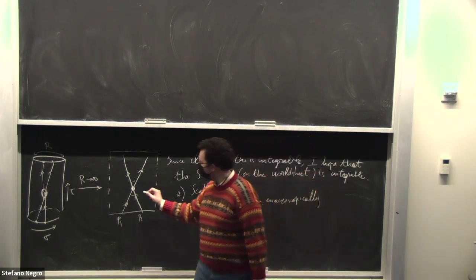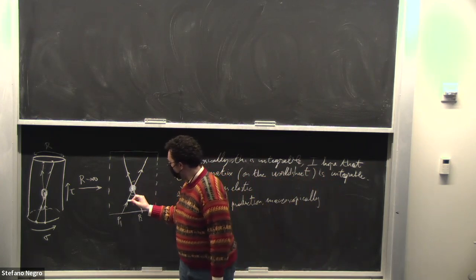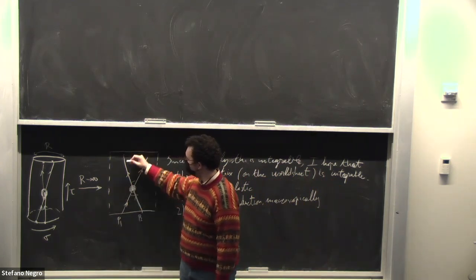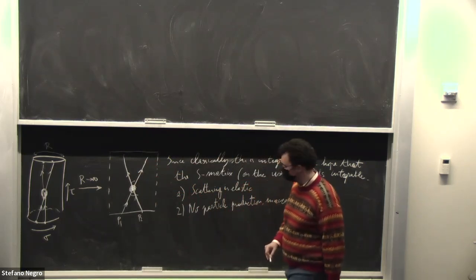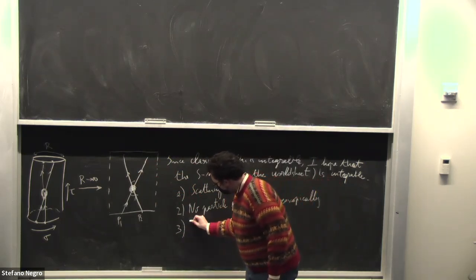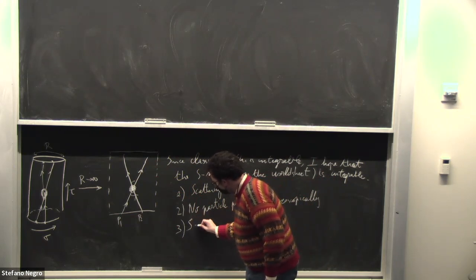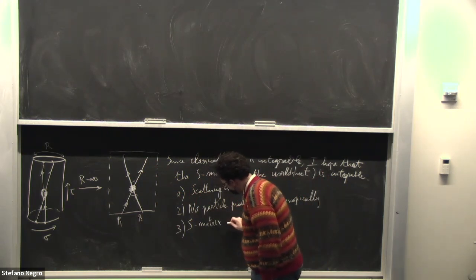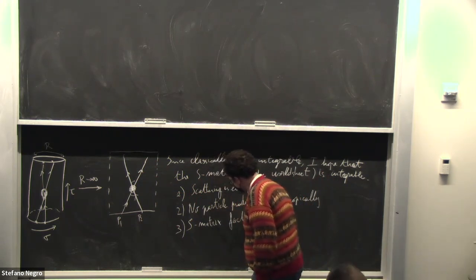Which means that here, when there are interactions, any sort of mess can happen, but if you go infinitely far away, there is no particle production. And the third thing is that the S matrix factorizes.